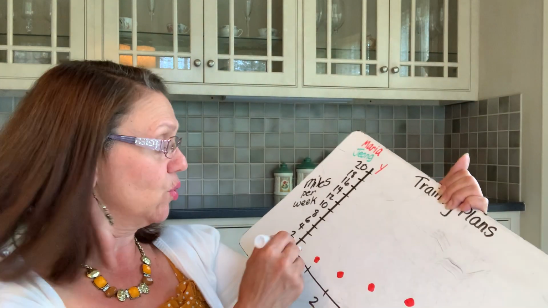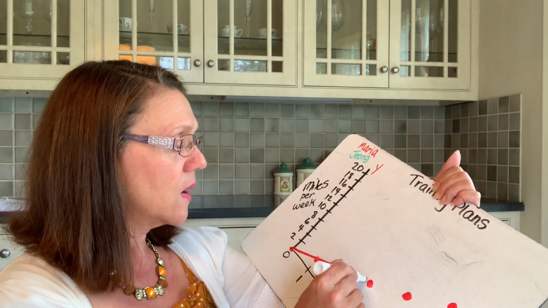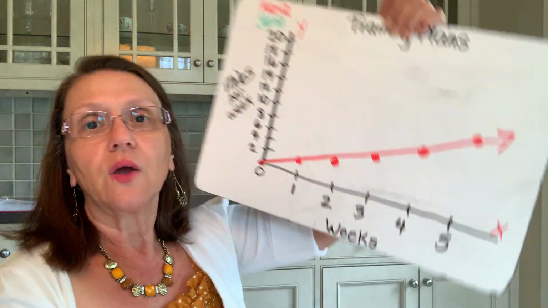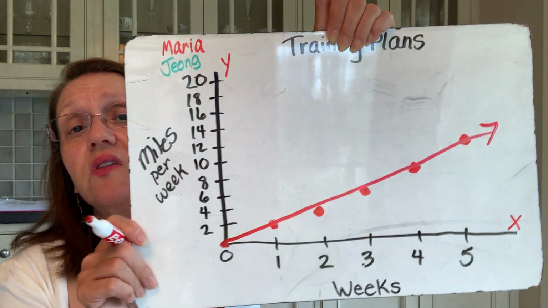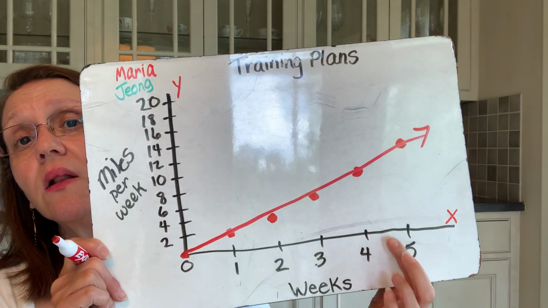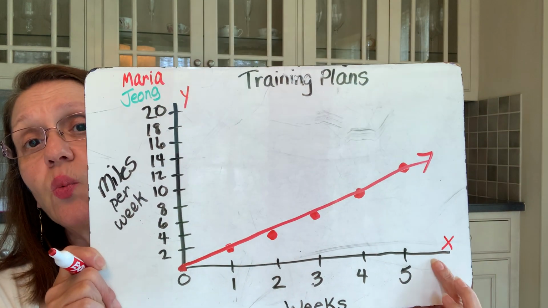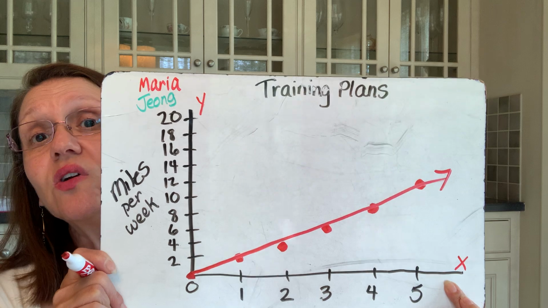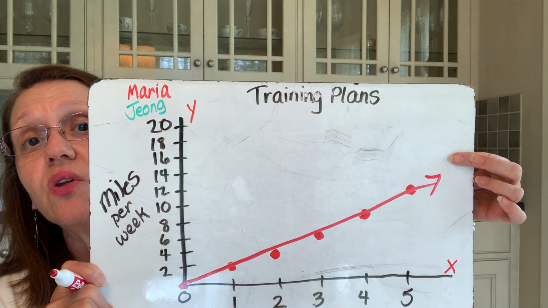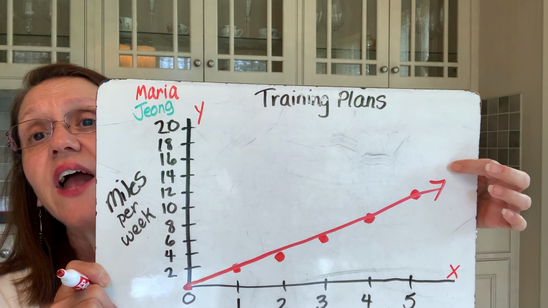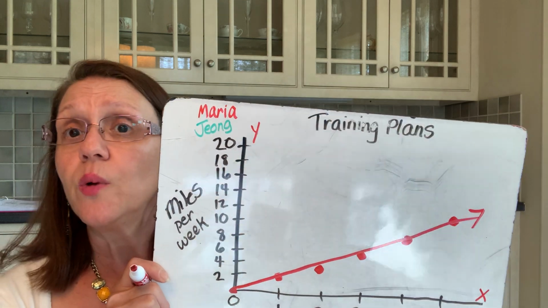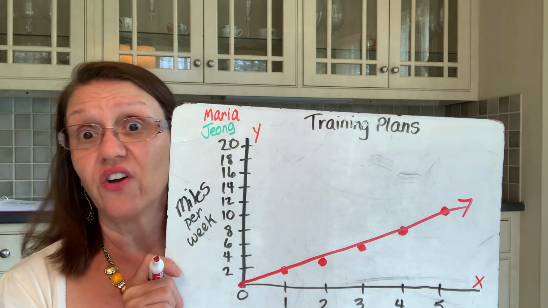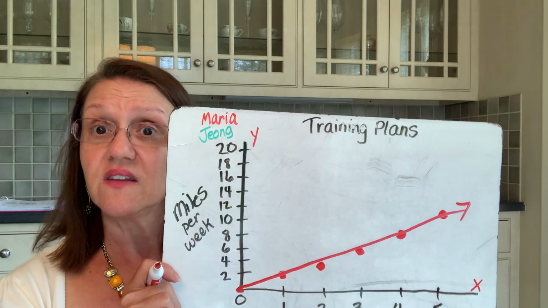I'm not going to use a ruler. So using this, you could say it looks like if we went to week 6, you could read the graph and see that the line would continue and that probably Maria would be running 12 miles. She's almost there. So that's what that tells us.